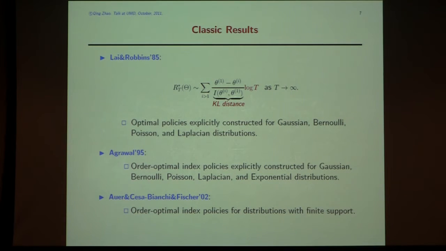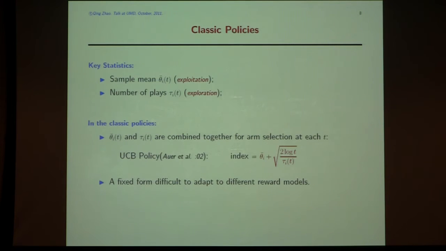Let me give some idea of how the policies actually work, so that we can see more about the essence of the problem. Essentially, all these policies are built upon two key statistics. One is the sample mean of each arm at a given time t, which is just the average reward we have obtained so far from each arm i. This indicates how we should exploit these n arms.